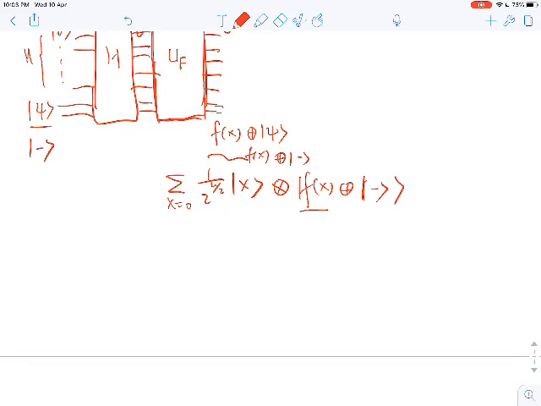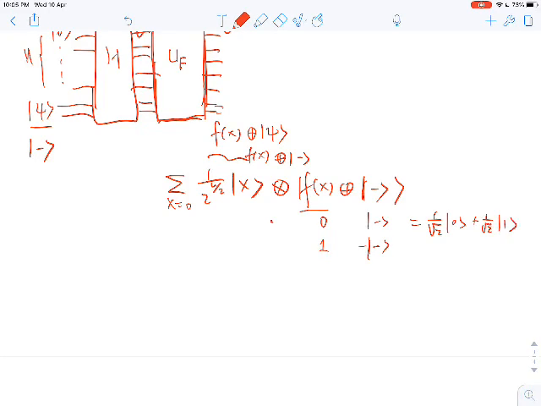If f(x) is 0, then the output here is minus. If f(x) is 1, the state here is the flipped minus qubit. And the proof here is obvious: minus is the square root of 1/2 times 0 plus, minus the square root of 1/2 times 1.